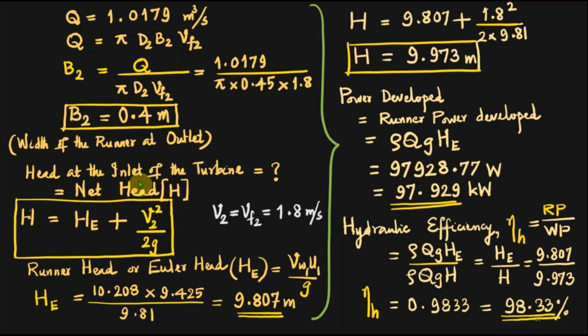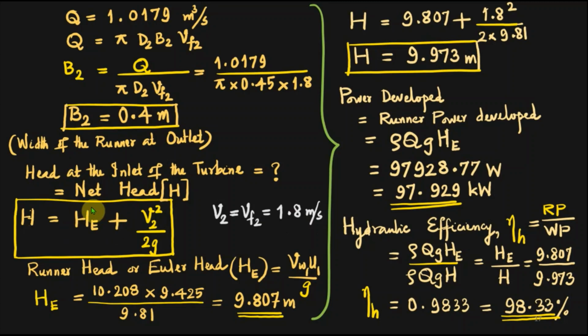Now the head of the turbine, the effective or net head available for producing useful work, is the net head H. We already know H is equal to the Euler head plus the kinetic head of water at the turbine outlet. Net head H is equal to Euler head HE plus V2 square by 2g, and V2 is equal to Vf2, 1.8 meter per second.